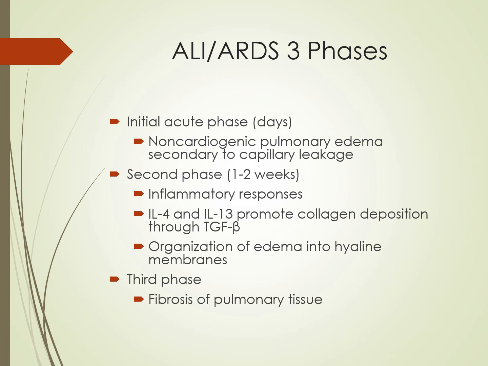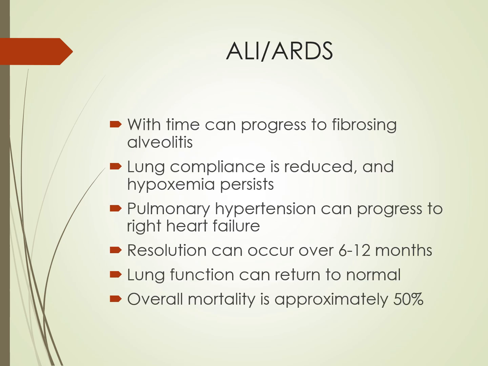Then you have the organization of hyaline membranes, and during the third phase, the lungs become fibrotic, and this is a really severe state of ARDS. With time, this could lead to fibrosing alveolitis. The lung compliance of the patient really decreases, so this is a good time to monitor compliance. The patient could progress into pulmonary hypertension, which can lead to right heart failure.